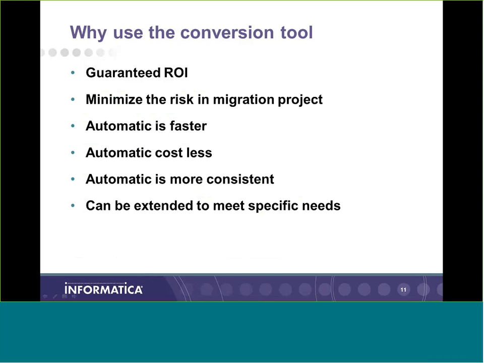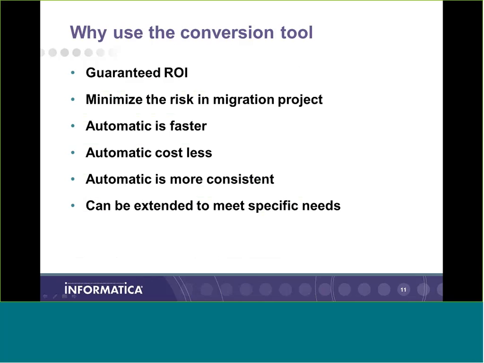Consider the following typical scenario in order to make the point of guaranteed ROI. A typical DataStage conversion process can include hundreds or even thousands of jobs to be converted. Let's consider 1,000 jobs where 400 of those are going to be basic.